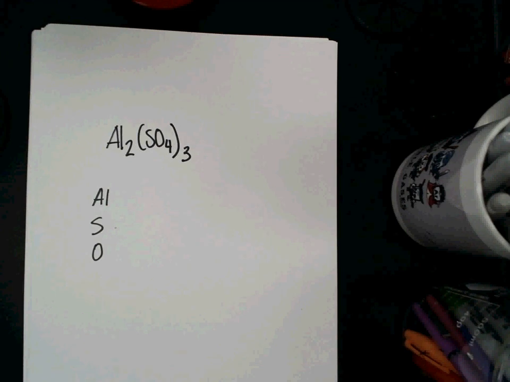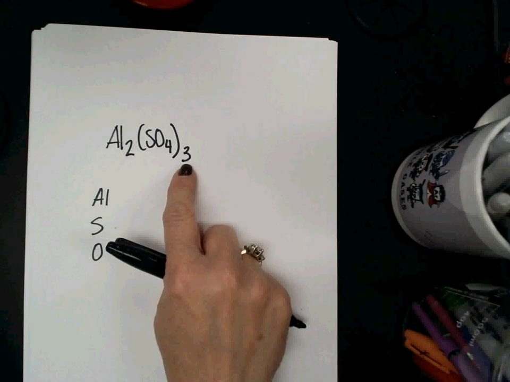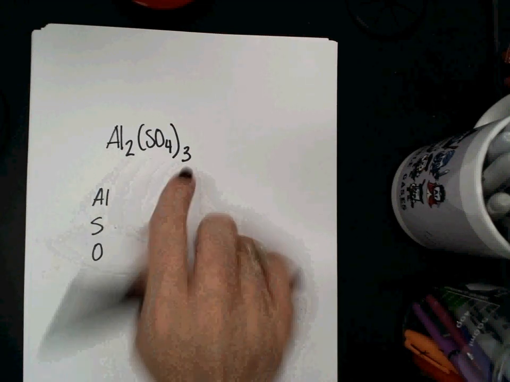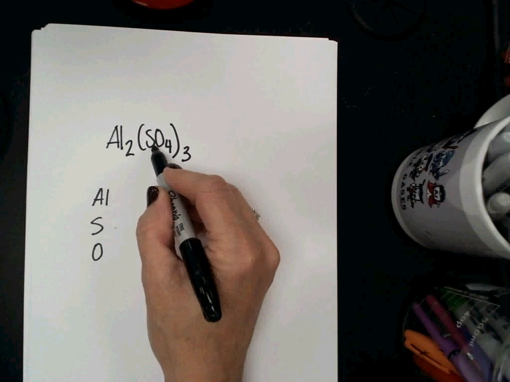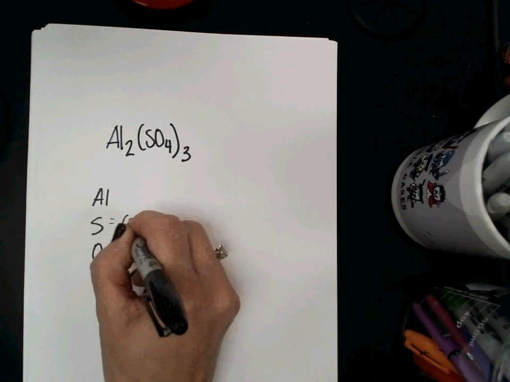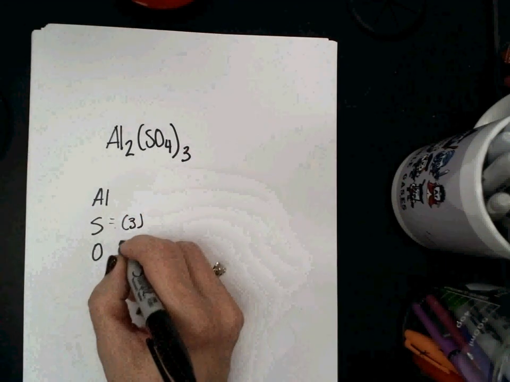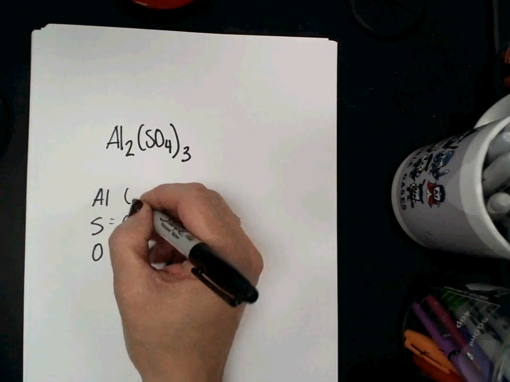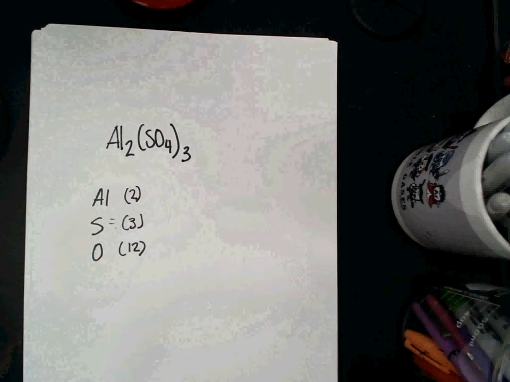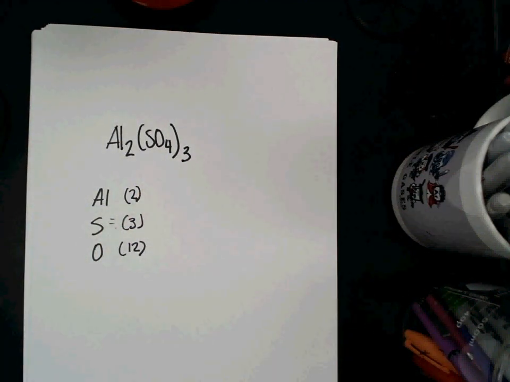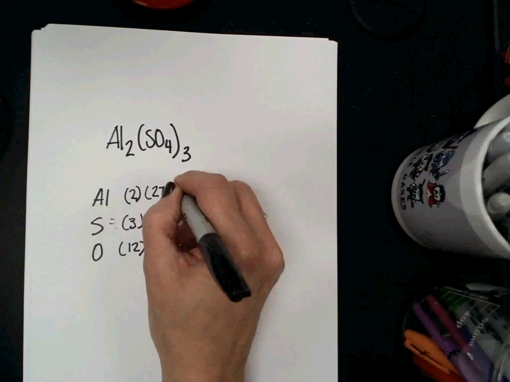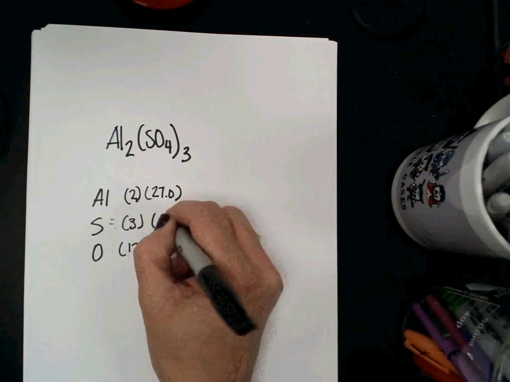So let me ask you a question before you go too far. Do you know what to do with this 3 that's outside of the parentheses? You multiply. You don't add, you multiply. Every year I have people that try to add. So this would be 3 times 1, which is 3, and 3 times 4, which is 12. And how many aluminum do I have? 2. Now I go to my periodic table and I find the mass of each. I think aluminum is 27.